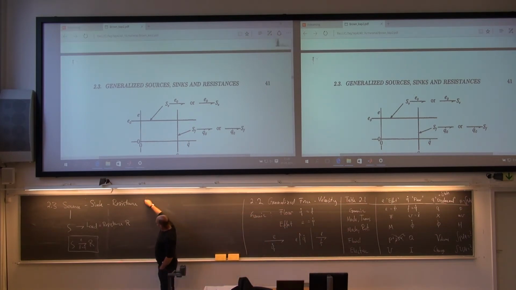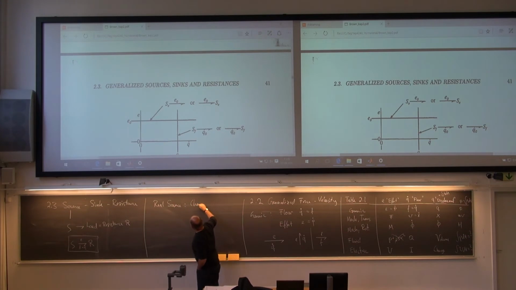For sources, we now had the privilege of seeing an example for a real source. Real source, we have the characteristics, which then was a data curve, something like this.